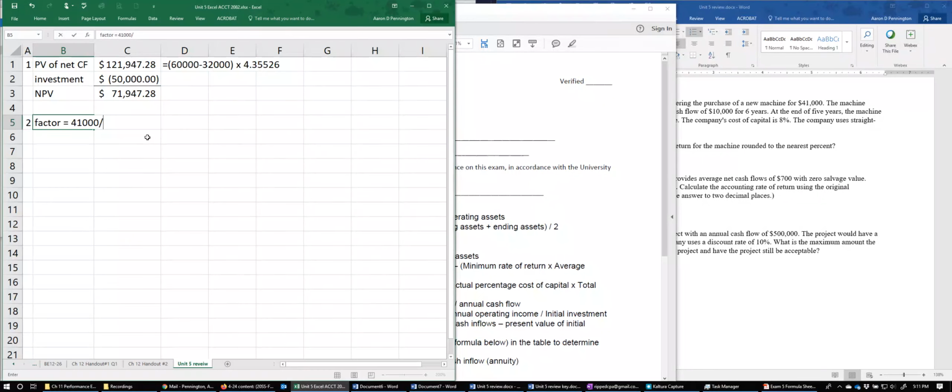We'll take the initial investment divided by the annual cash flows, $10,000.